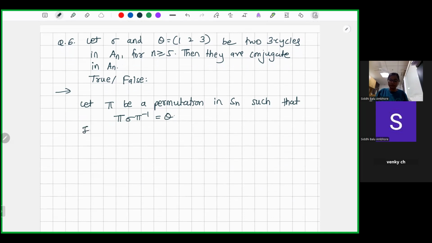If this pi is an even permutation, that is, pi is a product of an even number of transpositions, then we are done.